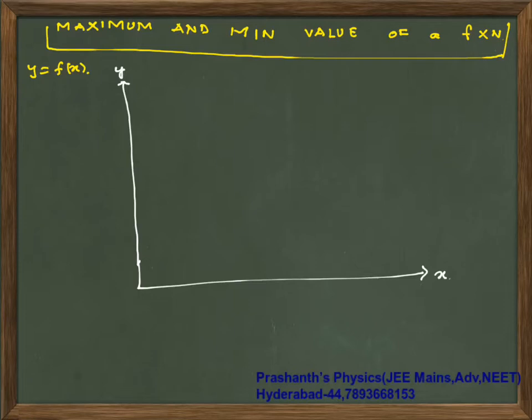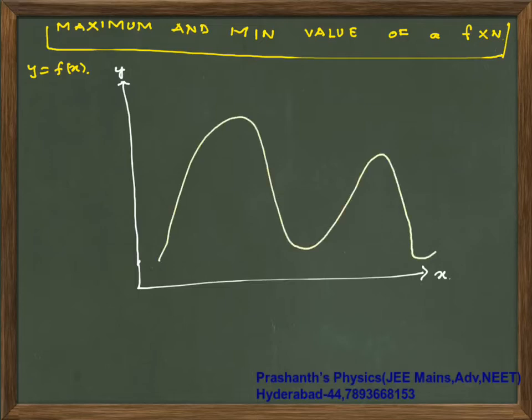Okay, so now if you take a curve like this, let me put this in a different color. Let me choose some light colors. Now first thing, before doing anything, let us say this is some function.